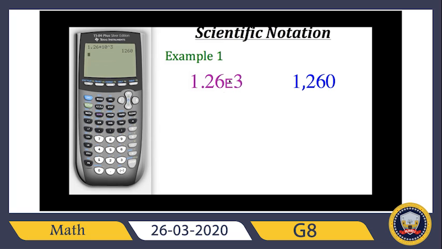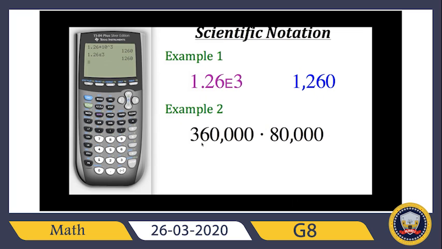Now this E that I'm referring to isn't just the typical letter E from the calculator, but it's this blue E above the comma button. So to put this in the calculator, we'll do 1.26, and then to get to E, we'll hit second, comma, and then put 3. And then when we hit enter, we'll get the same exact result. Now that we know how to do this, let's try one more example.